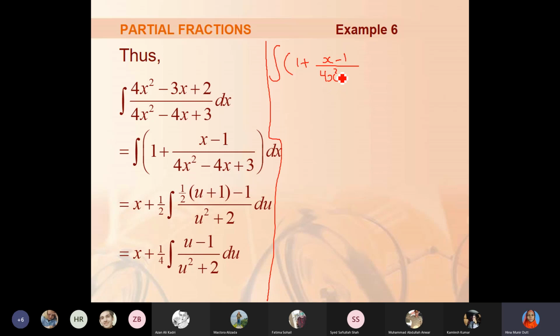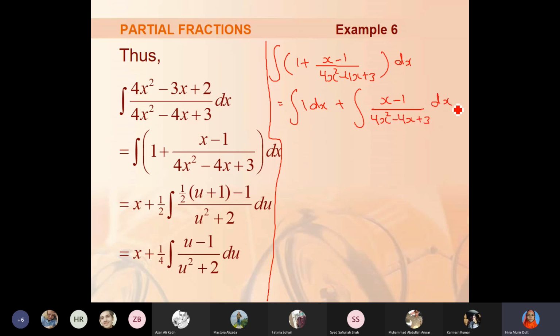After long division, this is my result. Okay, integration of 1 dx plus integration of x minus 1 over 4x square minus 4x plus 3.